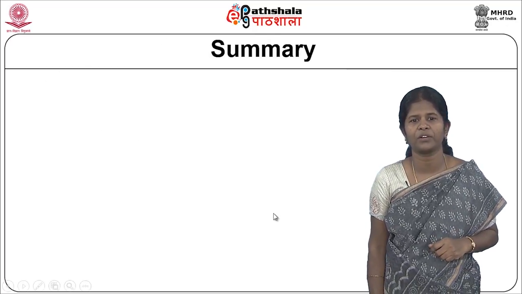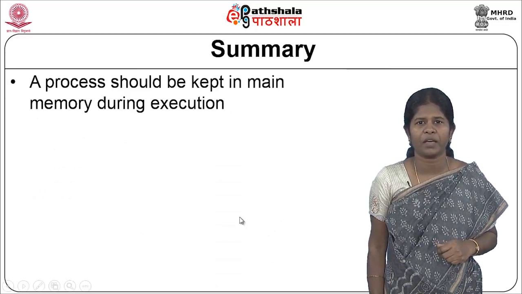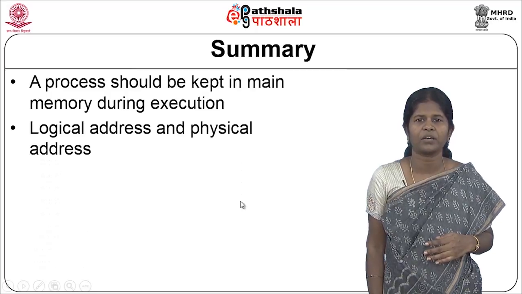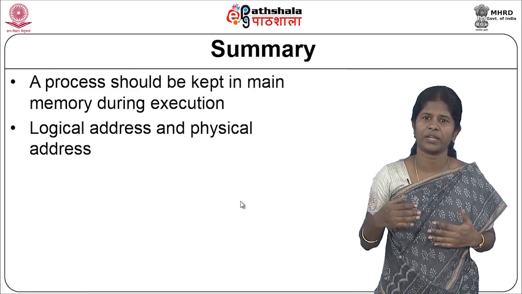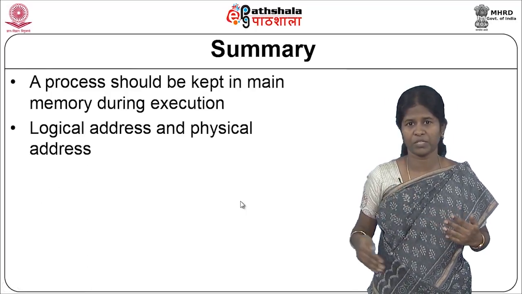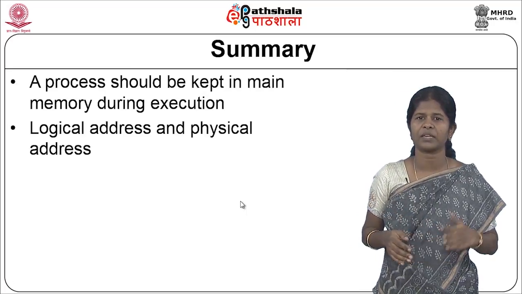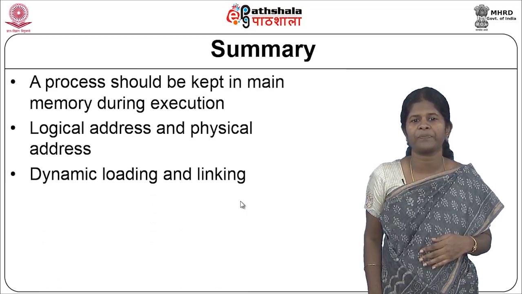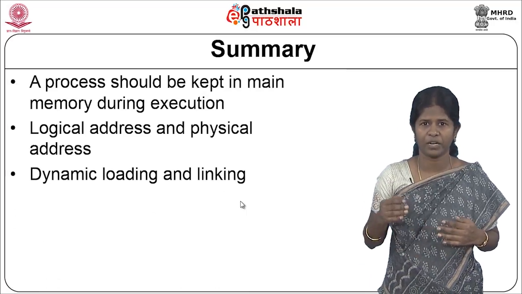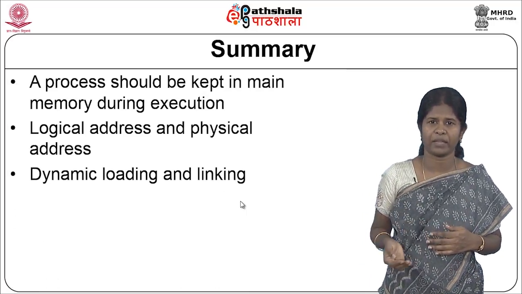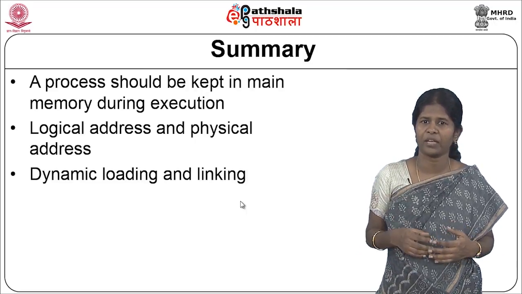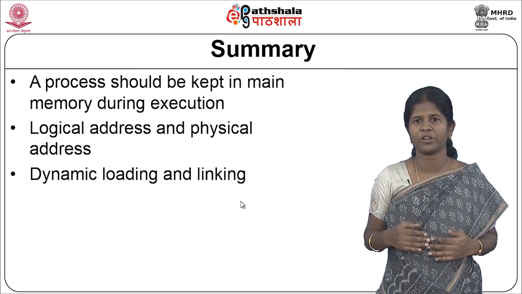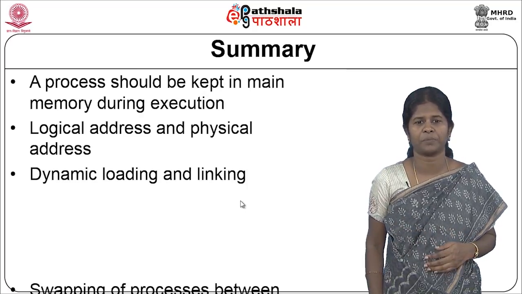So, a summary of what we have learned today. We saw that a process should be kept in main memory during its execution. We saw that the addresses generated by the CPU with respect to that program are called logical addresses, and the addresses where they are exactly placed in the main memory are called physical addresses. It is possible to have dynamic loading and linking. Dynamically you can load a routine only when needed, and dynamically you can link your library routines during execution time.